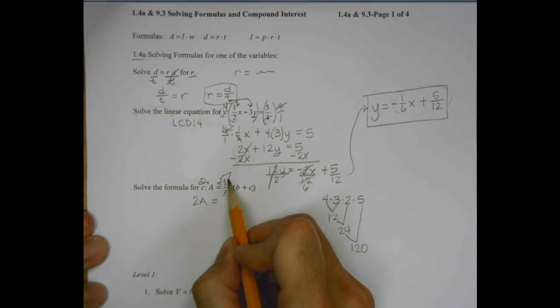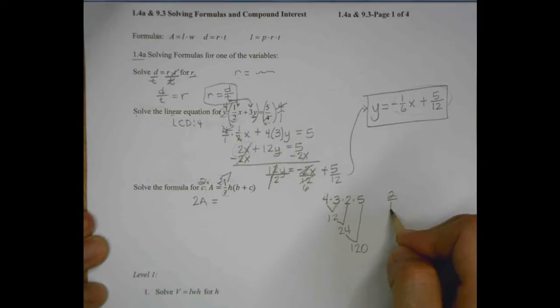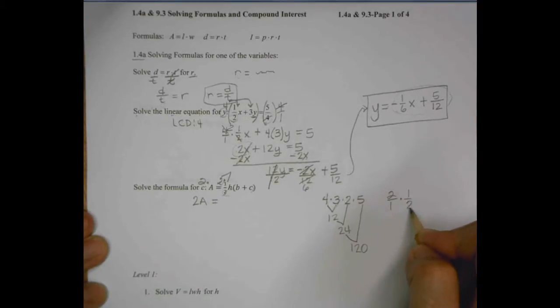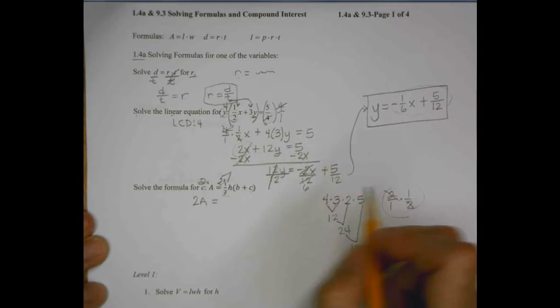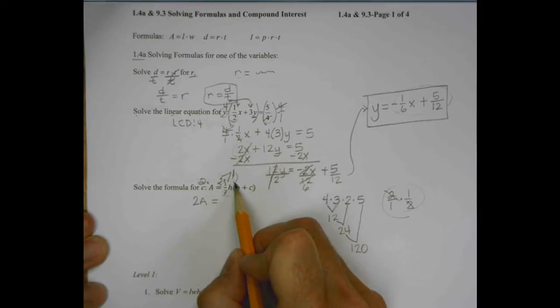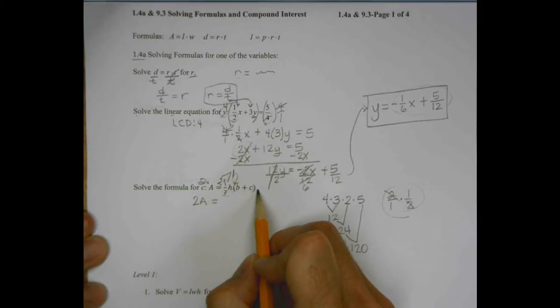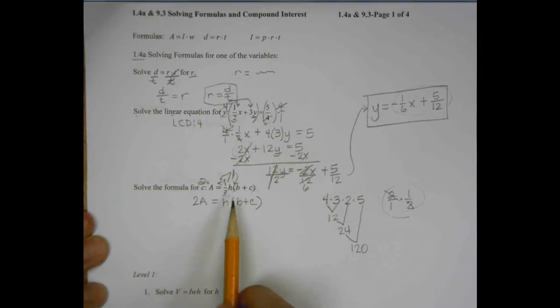I'm going to choose to multiply these two together because I know that 2 is the same as 2 over 1. And when I multiply it by 1/2, my 2's reduce, and all I'm left with there is a 1. Now I chose to multiply those two together and get a 1, and that's what's being multiplied by the h times this quantity here. h times 1 is just an h. I have moved the 1/2 over to the left-hand side and it becomes a 2a.